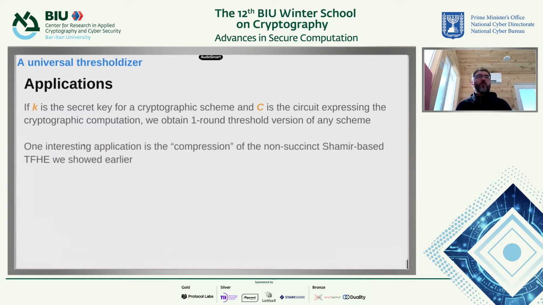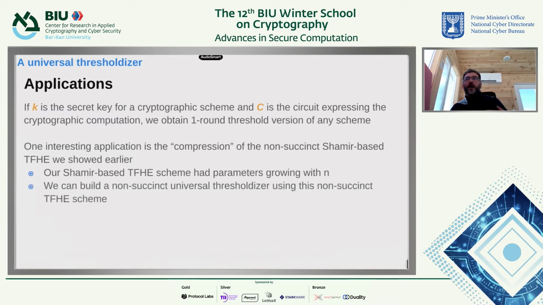By the way, one interesting application is the compression of the non-succinct Shamir-based threshold FHE that I showed earlier, because that scheme had parameters that grow with n. But you can use this non-succinct threshold FHE to build a non-succinct universal thresholdizer.